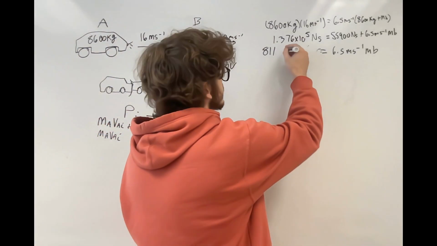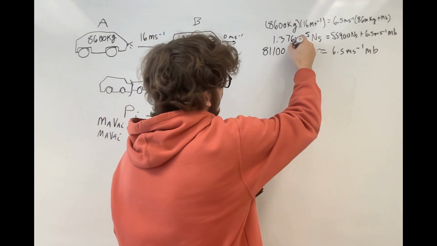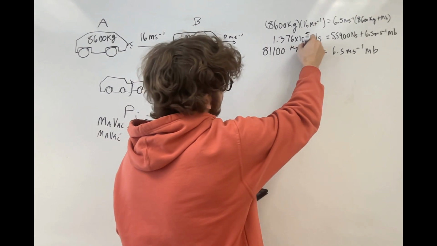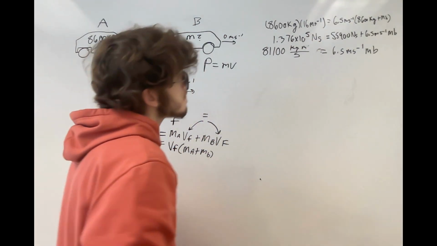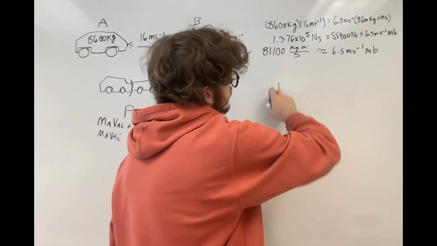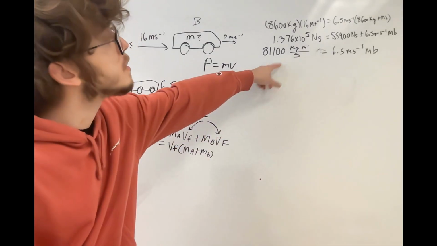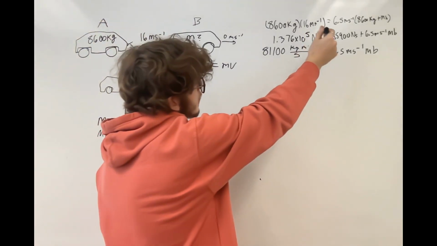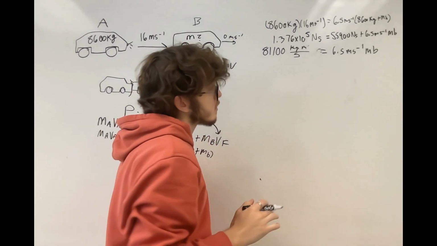I'm going to expand this side a little bit, and we're going to actually write out the Newton second as a kilogram meter per second. Okay. If I divide both sides by the 6.5 meters a second, we'll notice what happens to our units, right? If we divide by a meter, it's going to cancel meters. It's going to be meter over meter, cancels.